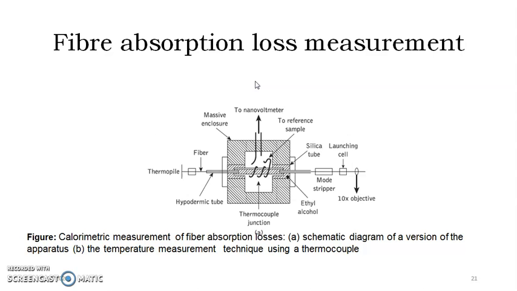Generally we consider a given fiber to measure the absorption loss in a particular fiber, and part B, the temperature measurement technique, is used for the measurement of this absorption loss.